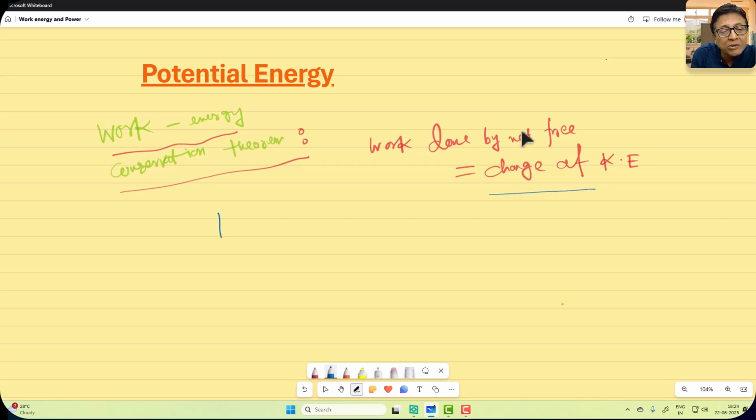If we take net force as F net, then F net is going to be F conservative, that you don't know, F non-conservative, that also you don't know, F internal, this you know, plus F external. The sum of all these forces will be equal to the net force.